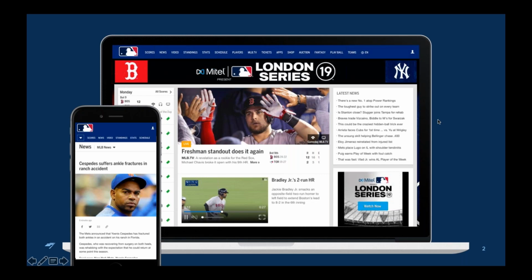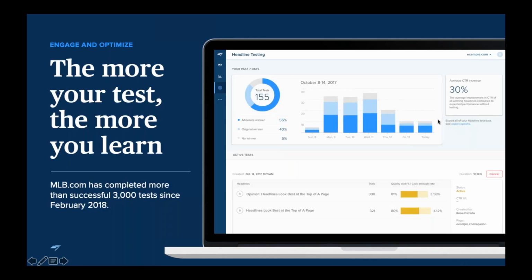For those of you out there who aren't familiar with it, it's a tool that allows the team at MLB to write multiple headlines for the same story and really test it out to see which one is right for that particular piece of content and for the very unique audience that you guys have. You guys have been using it since about February of last year, and we can see you have run more than 3,000 tests. Is that a lot?